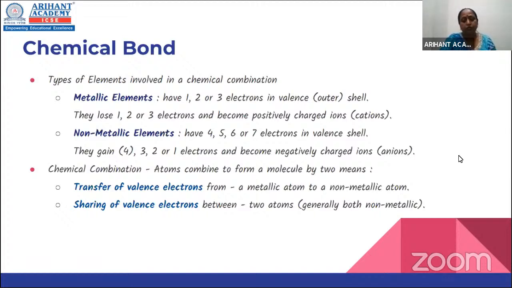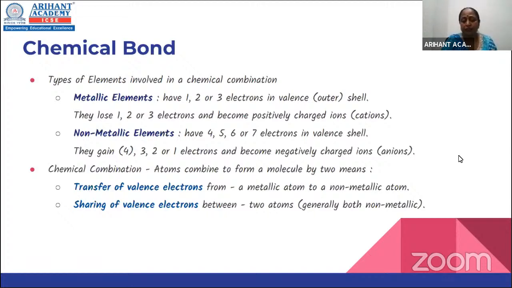If I talk about types of elements, we can classify elements into 4 categories in chemistry. We have metals, we have non-metals, we have metalloids, and we have noble gases. 1, 2, 3 electrons in the outermost shell would be a metal because it's easier to donate.